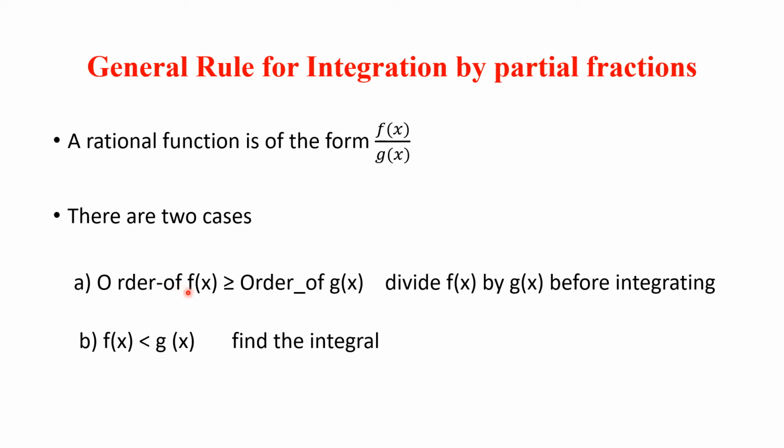If that is the case, then we have to divide f of x by g of x and then find the integral. On the other hand, the other alternative is that f of x is less than g of x. Two possibilities only. If f of x is less than g of x, we proceed by finding the integral. But if f of x is greater than g of x, we have to divide f of x by g of x and then find the integral.